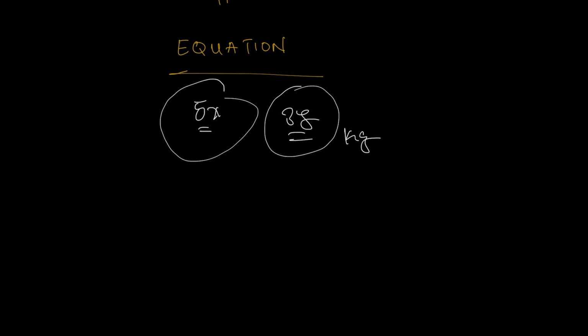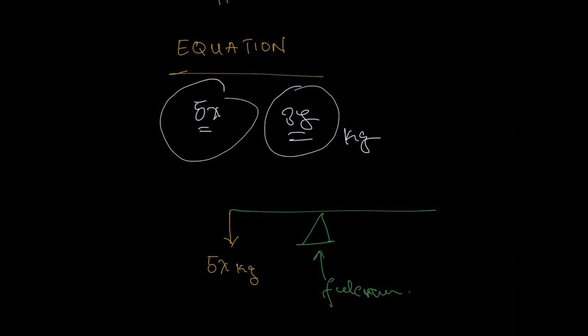So let's say you have a beam balance with a fulcrum somewhere here. So this is the middle point, fulcrum, and on one side you have this weight 5x kilogram, and on the other side you have the 3y kilogram.